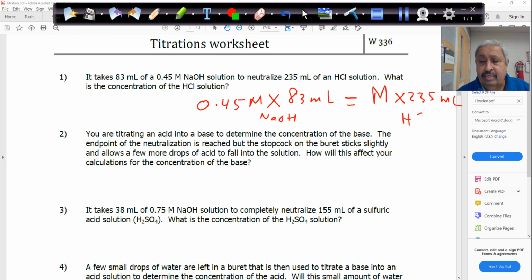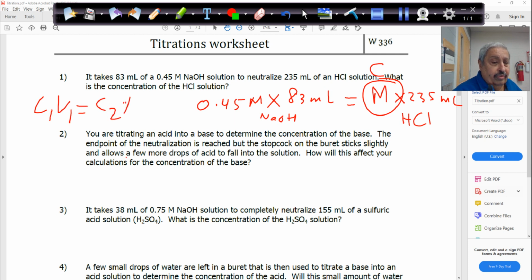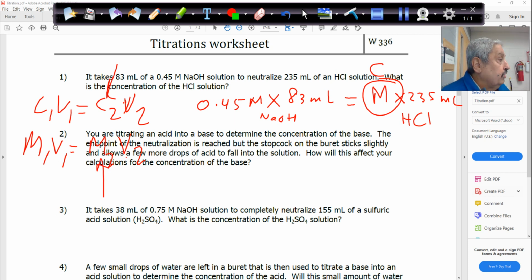This is HCl. Solve for the M or the C. Sometimes they put C. C means concentration, M molarity. They are the same thing. You can say C1V1, C2V2, or in some textbooks M1V1, M2V2. C is concentration and M is molarity, which are synonyms. Those two words are synonyms.